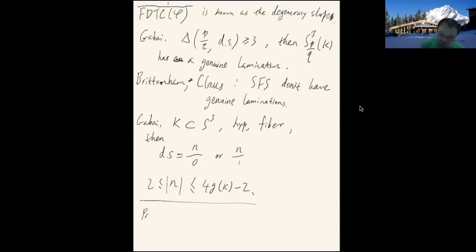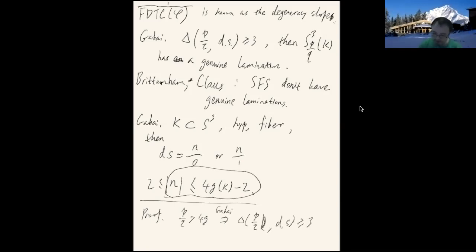So let me just briefly prove the theorem. If P over Q is greater than 4g, then since n is less than or equal to 4g(K) minus 2, by Gabai's theorem, it means that the distance between P over Q and the degeneracy slope is greater than or equal to 3.